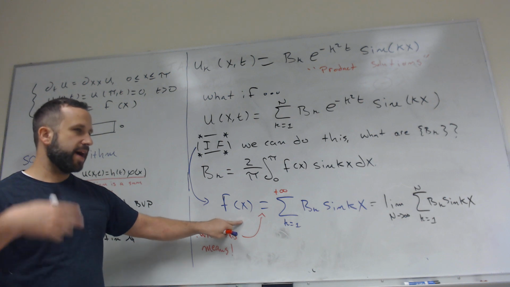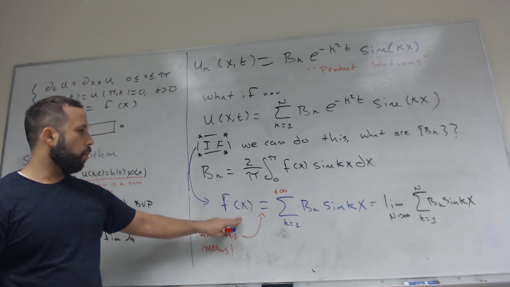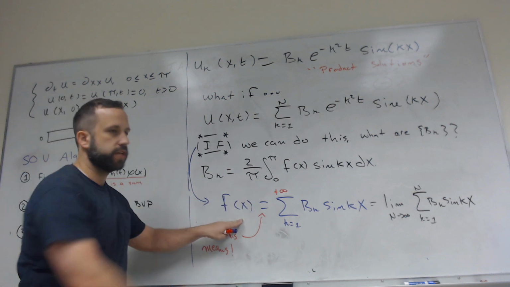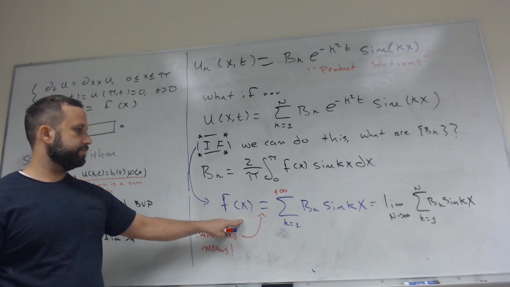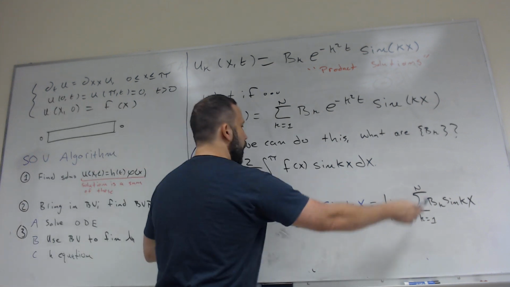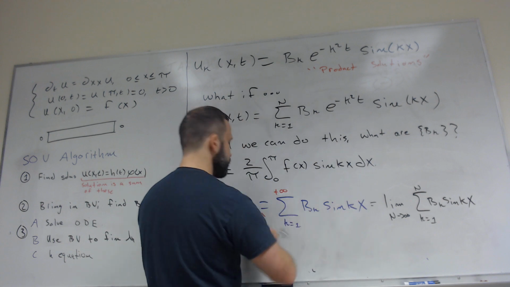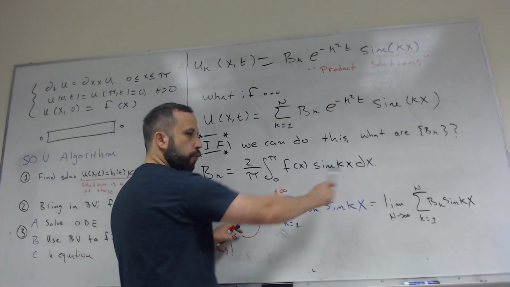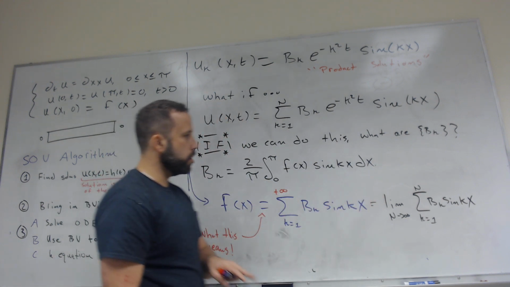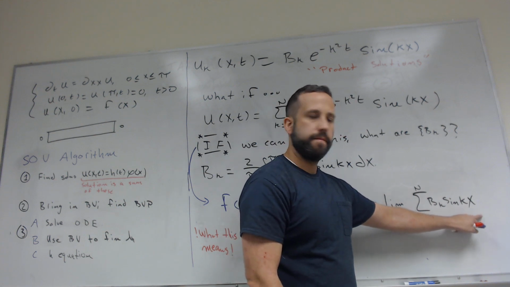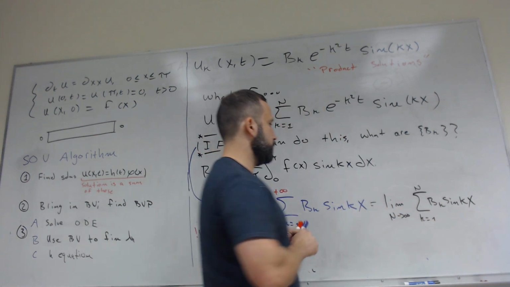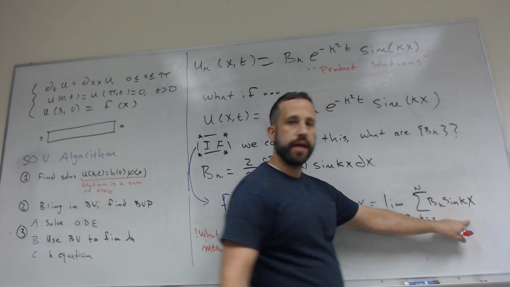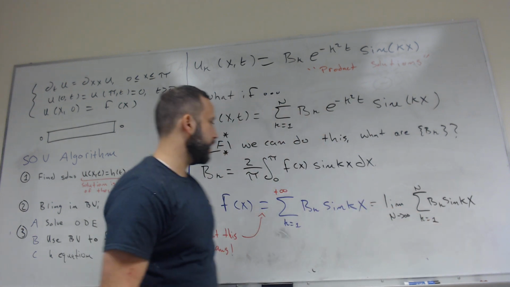So the next best thing is to say, well, it's going to hold for almost every value of x. Let me just illustrate one obstacle, and why we can't have pointwise equality. Well, notice if I plug in x equal to 0, I get 0 on the right-hand side. And if I plug in pi, I get 0 on the right-hand side.